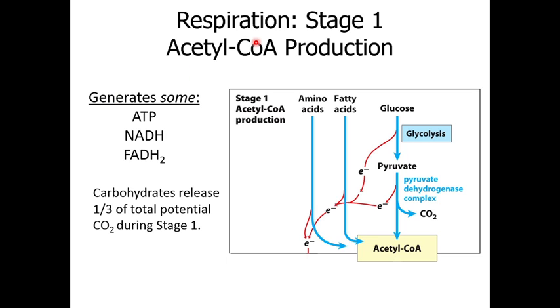The first stage of respiration involves acetyl-CoA production, and in this stage, it generates some ATP, NADH, and FADH2. This is the stage where pyruvate gets converted to acetyl-CoA by the action of the enzyme pyruvate dehydrogenase. Carbohydrates release 1/3 of total potential carbon dioxide during this stage.